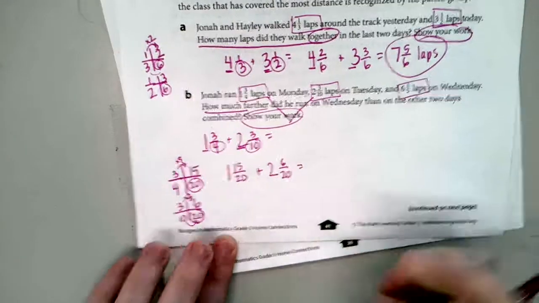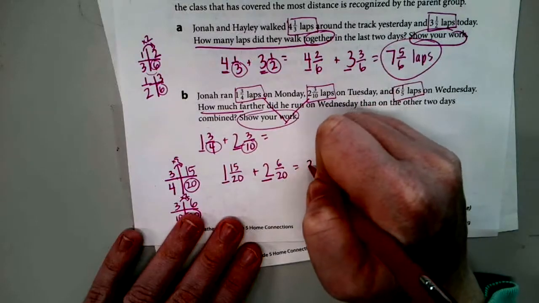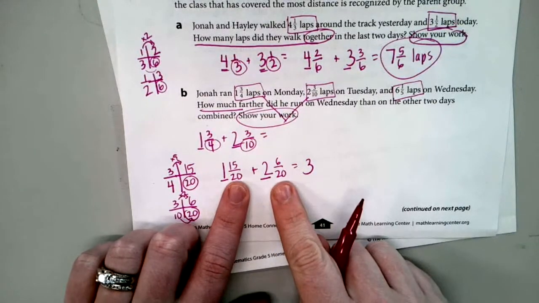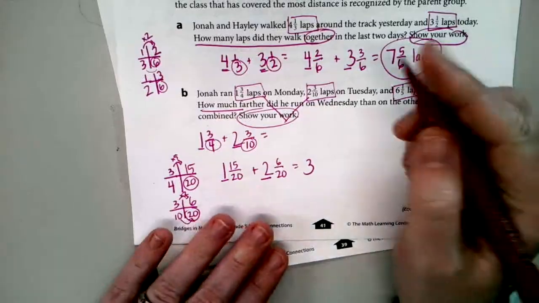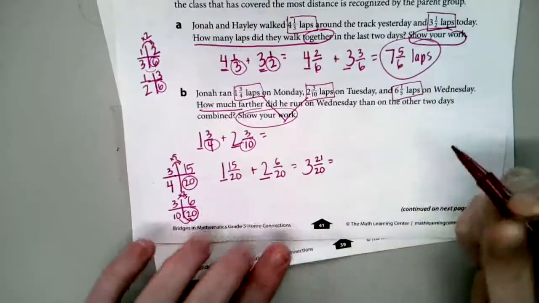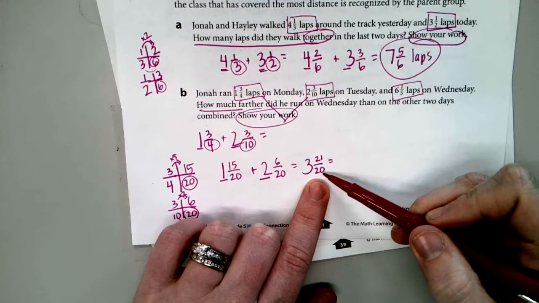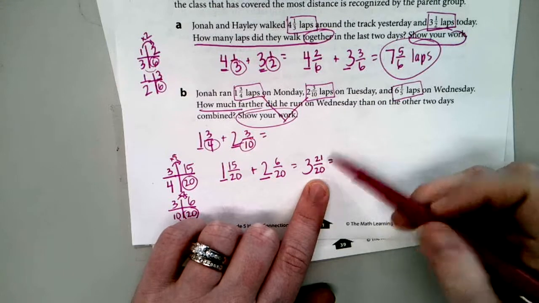Now I can add. They have the same denominator. Whole numbers first. 1 plus 2 is 3. 15/20 plus 6/20 is 21/20. Now, can I change 21/20? Yes, I have another whole.